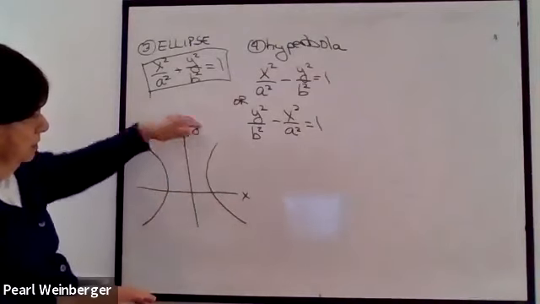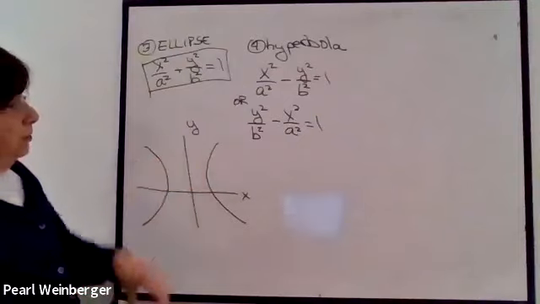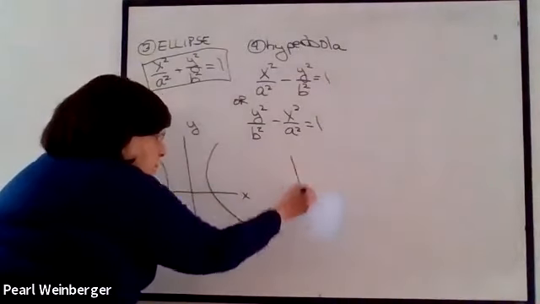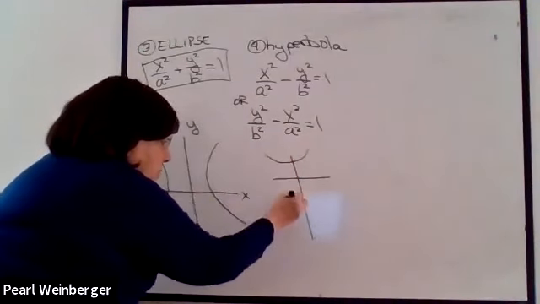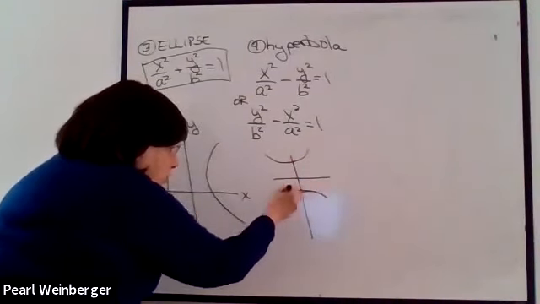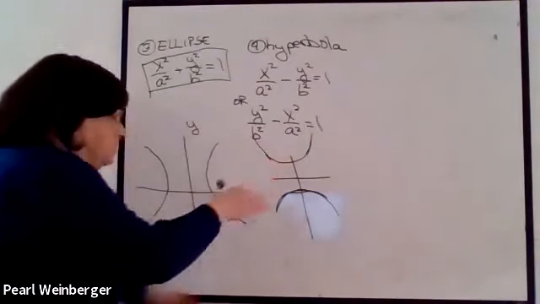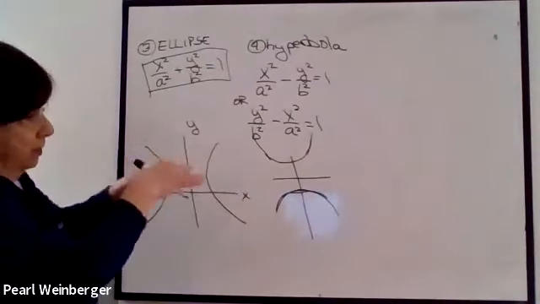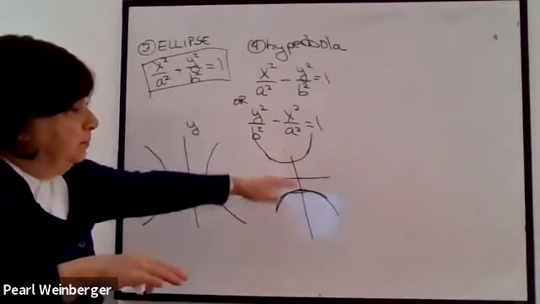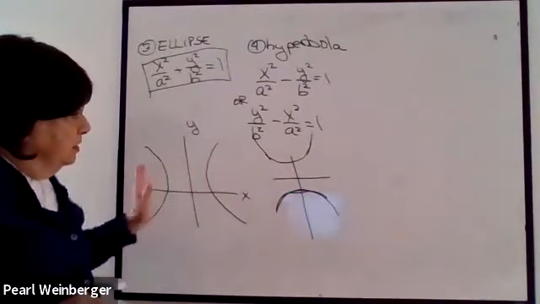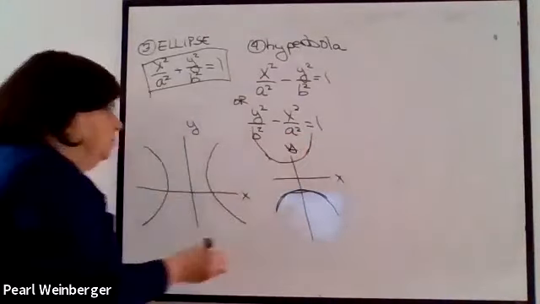Sometimes these curves are crossing the x-axis, and sometimes we have something that looks like this, where again we have these two back-to-back. They're not really parabolas because they're really flatter, but they're basically that type of shape. But sometimes they cross the x-axis, sometimes they cross the y-axis.